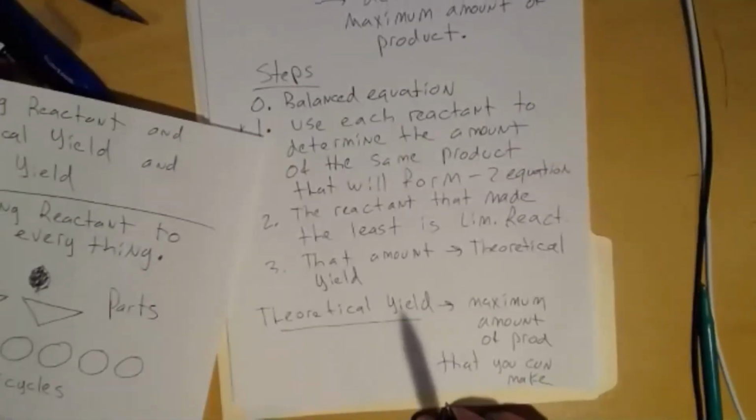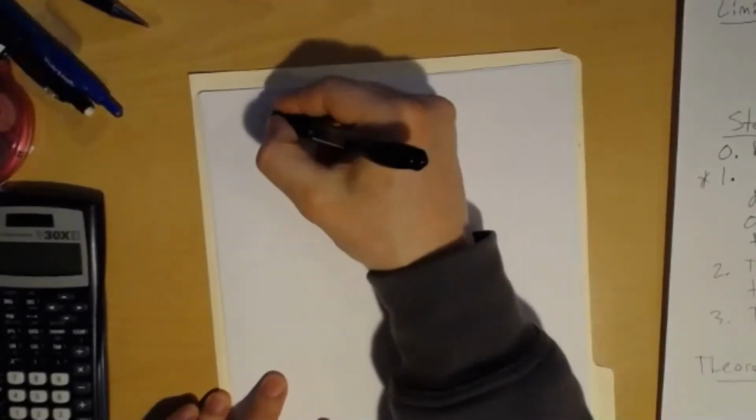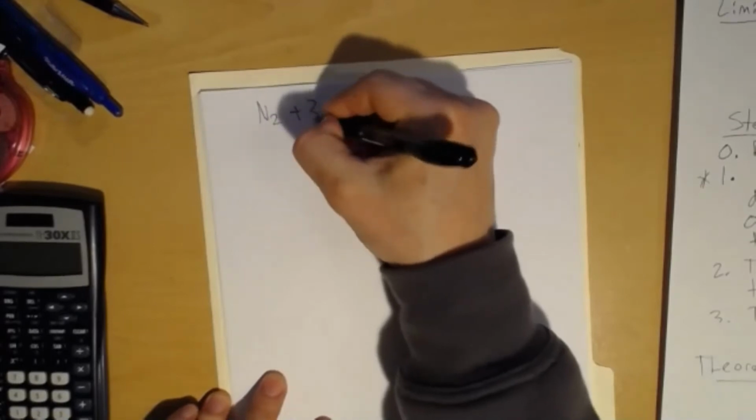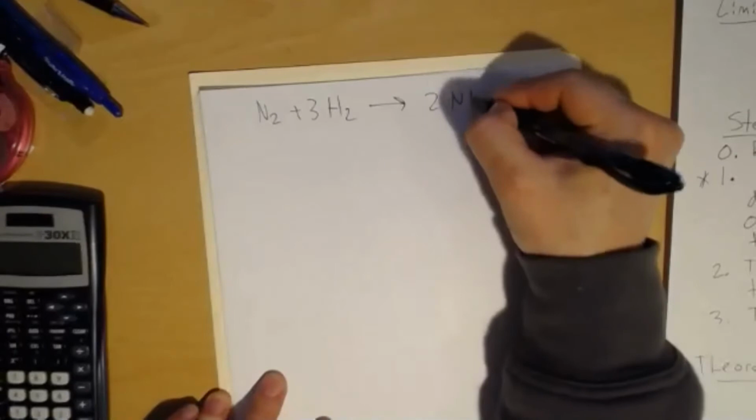So let's do that with a chemical reaction. I'm going to go back to the Haber process. Nitrogen plus 3 hydrogen goes to 2 ammonia.